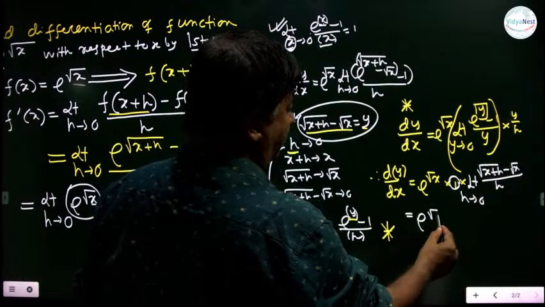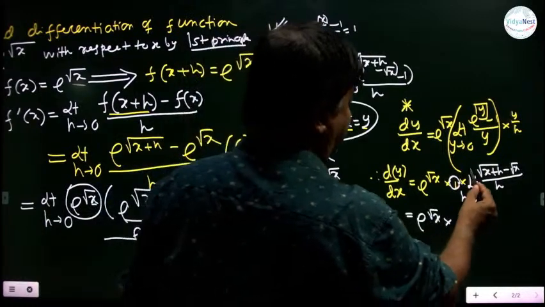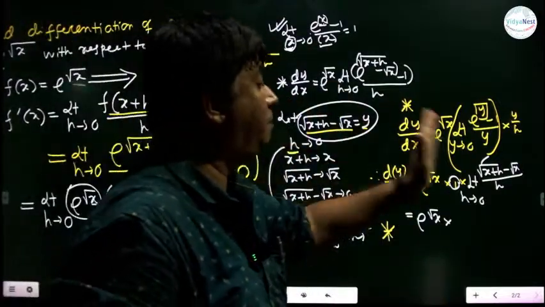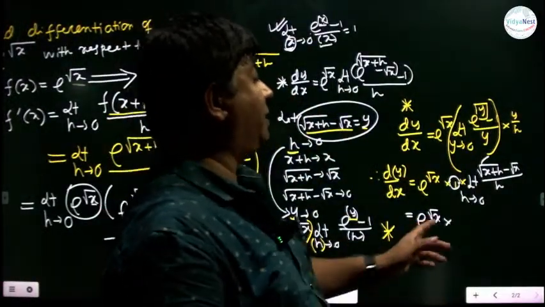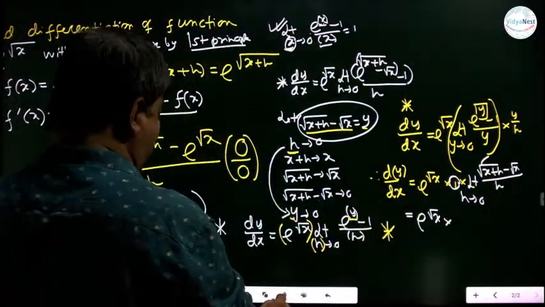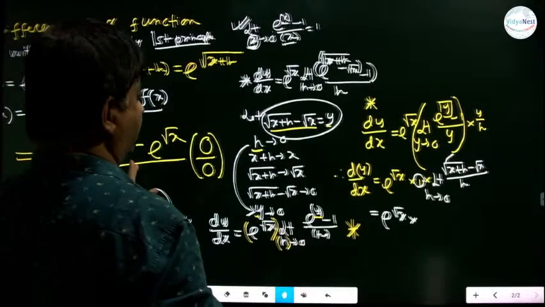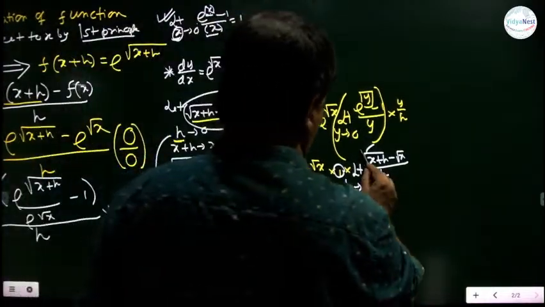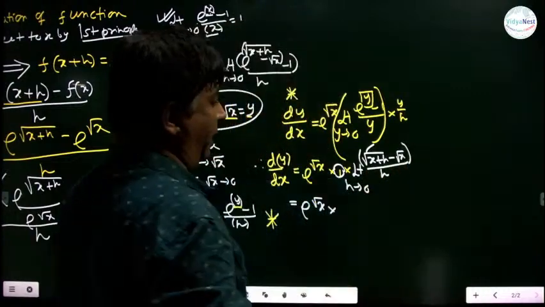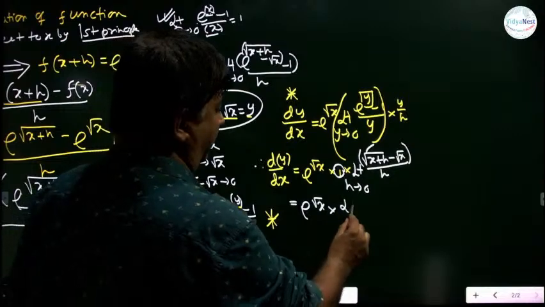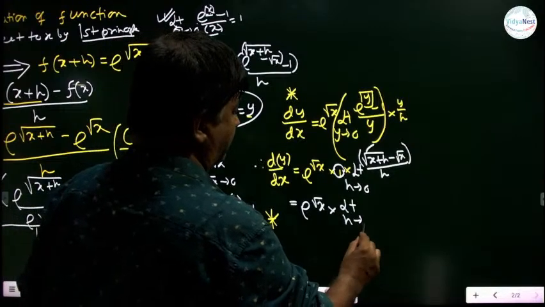So e to the power root x, and in this type of limit, what mechanism is to be followed? Simple rationalization. Otherwise, you would get 0 by 0. Simple rationalization means, you see, we have this irrational number, so multiply numerator and denominator by its conjugate.